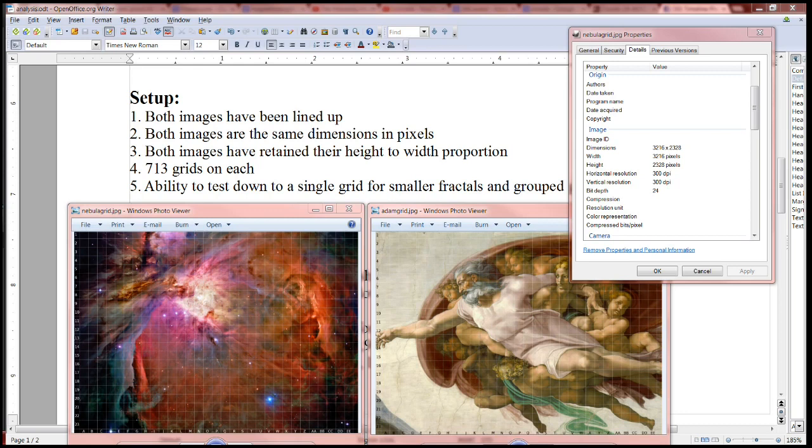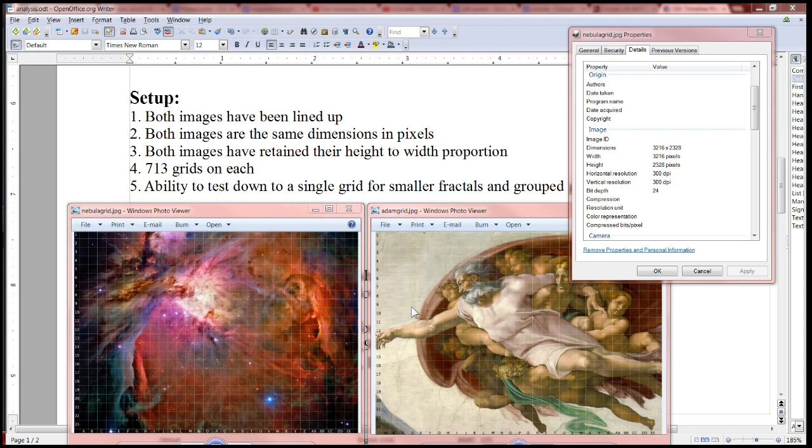So the next thing we want to take a look at is what we have done in order to set ourselves up for the test. First of all, in order to save a little time, I've already lined these images up beforehand and placed the grids on there. Obviously, to run you through that process would take a long time.